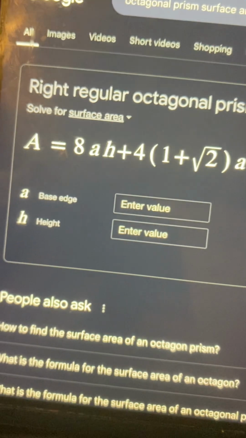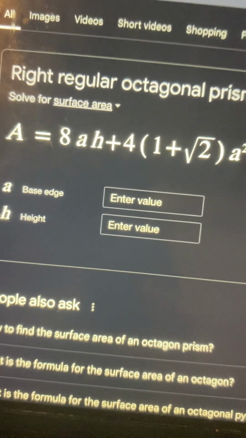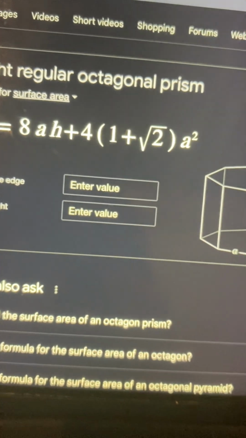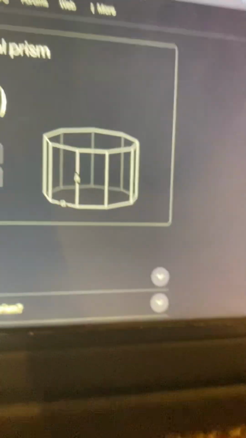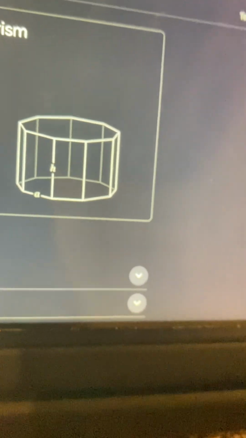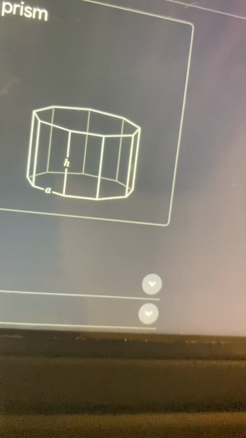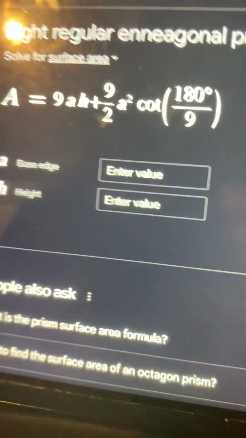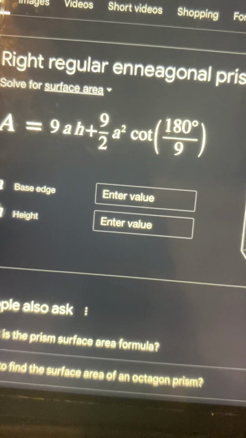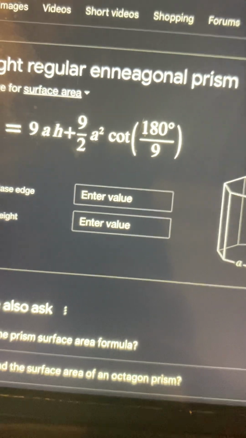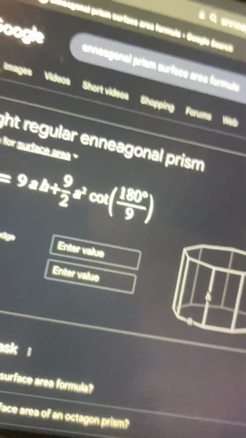The surface area for an octagonal prism is 8ah plus 4 times 1 plus the square root of 2 times a squared. The surface area of a regular enneagonal prism, or a prism with 2 9-sided bases, is 9ah plus 9/2 a squared times cot times 180 degrees divided by 9.